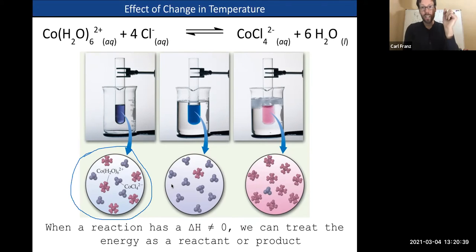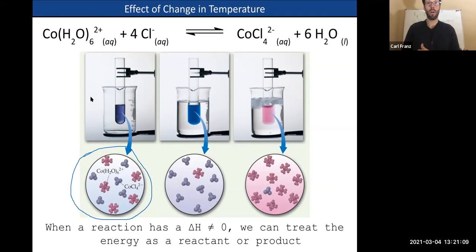If we remove the heat, then we get a color change, but that's because we've shifted the equilibrium toward the reactant side, aqueous cobalt, okay? So playing with temperature, we can treat the reaction and therefore the energy associated with that reaction as a product or a reactant.